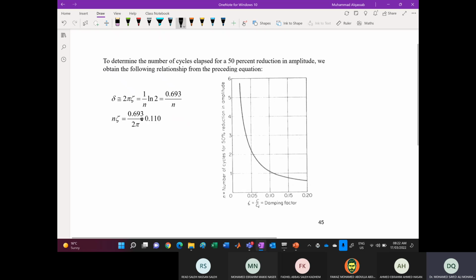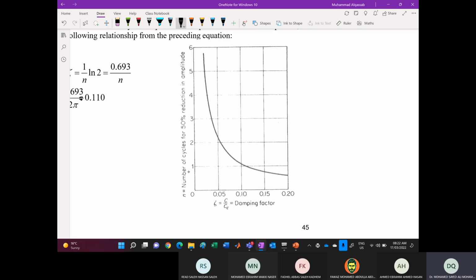And the graph shows n, the number of cycles for 50% reduction in amplitude, versus the damping factor or damping ratio, zeta. As you can see, it's coming from infinity and becomes asymptotic with zeta.